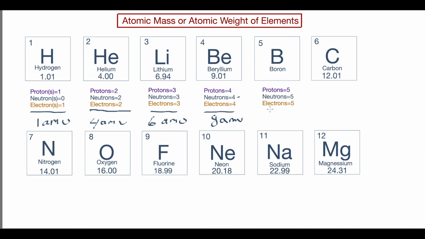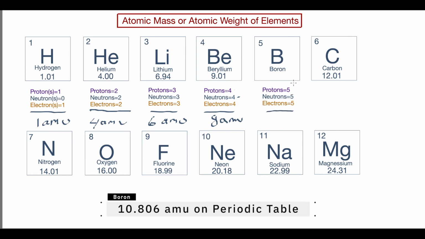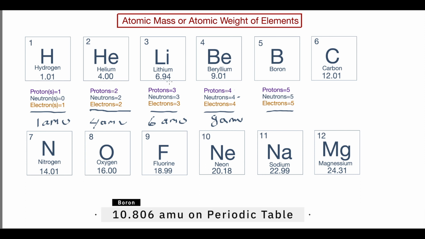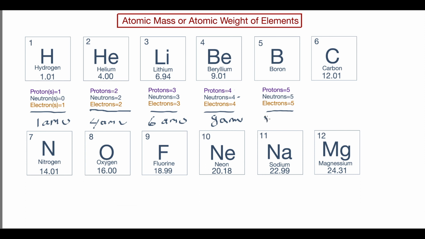Let's go to boron. Boron is the 5th element in the periodic table, and it has 5 protons, 5 neutrons, and 5 electrons. So boron should have an atomic mass unit of about 10 AMU. And boron actually has, it should have 10.